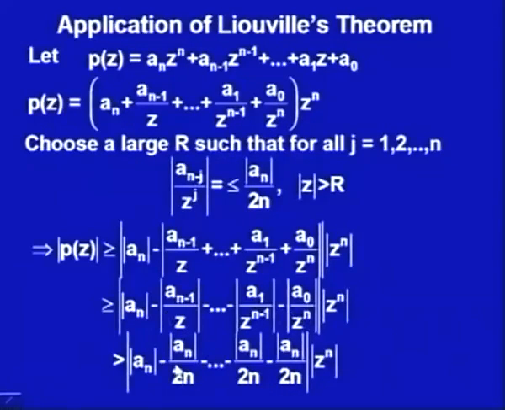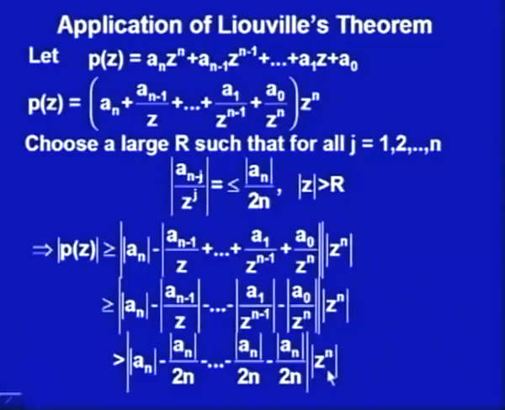So, I have n terms like this one, and if I add up these n terms, I get n times |a_n|/2n, that is |a_n|/2. So, what I am getting is |a_n| minus |a_n|/2, which is the same thing as |a_n|/2, and this is holding true when |z| is greater than r.